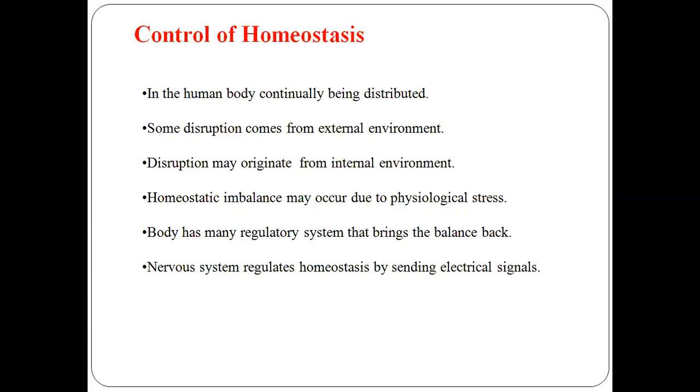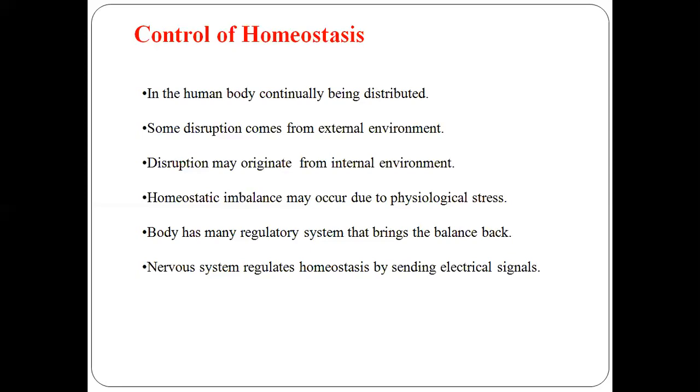Other disruptions originate in the internal environment, such as the blood glucose level that falls too low when you skip breakfast. Homeostatic imbalances may also occur due to physiological stress in our social environment, such as the demands of work and school. In most cases, the disruption of homeostasis is mild and temporary, and the responses of body cells quickly restore balance in the internal environment.